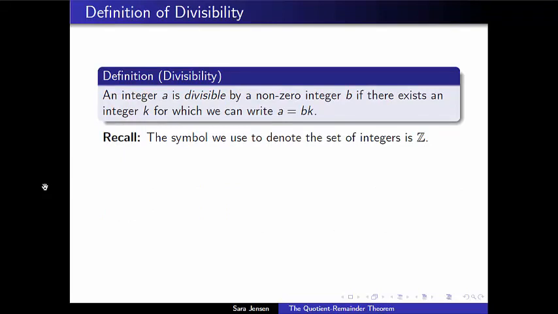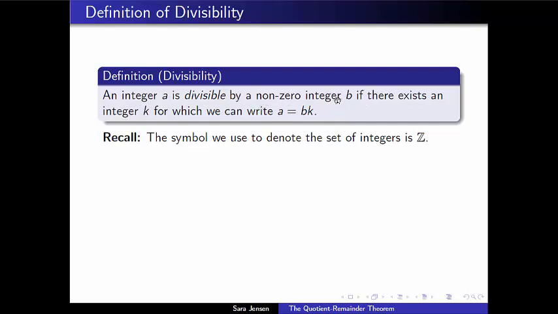Now, what I'd like to do is just maybe bring this new theorem that we're learning back to the definition of divisibility way back when in a discrete structures class, or when you were learning about what is the definition for one number to be divided by another number. Let's go back and say that we have an integer a. We're going to say that it's divisible by, again, a non-zero integer b.